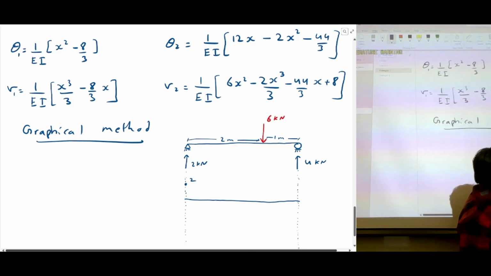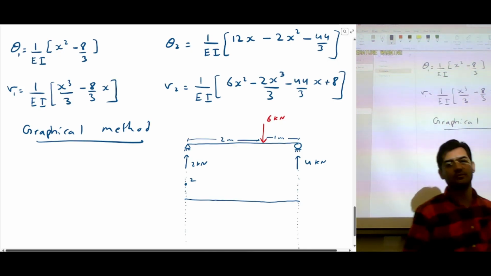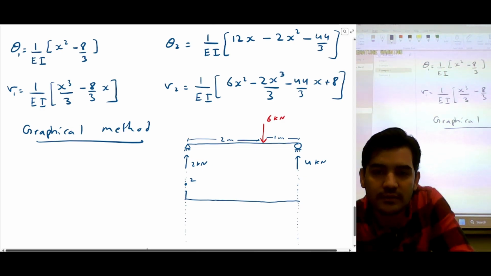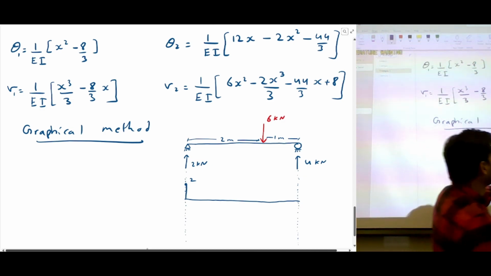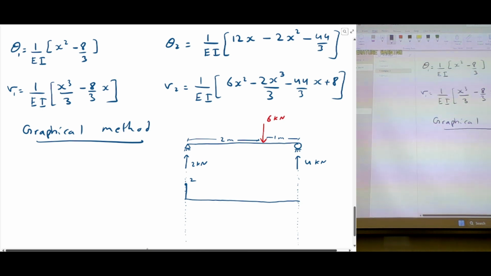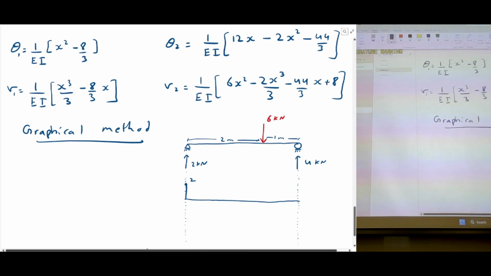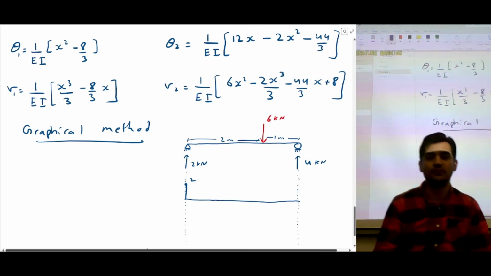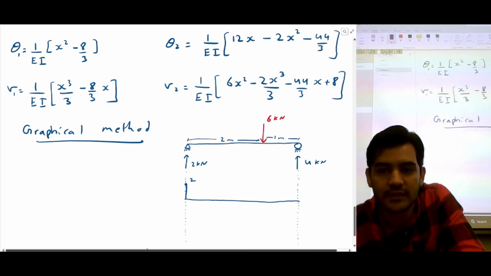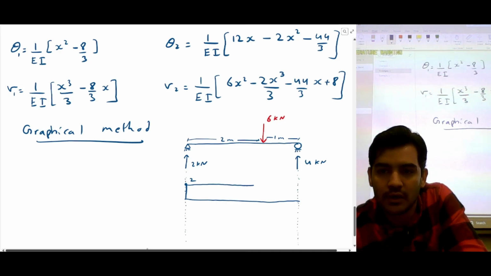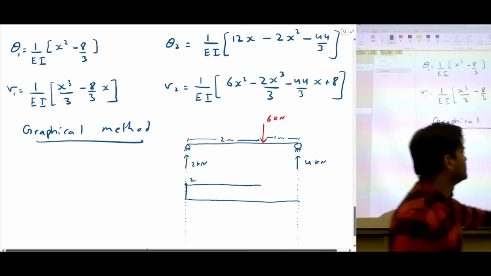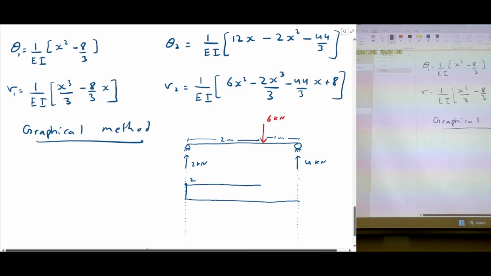So this reaction I have, this is 2, so I went to that same magnitude. From here to here, there is no external load being applied. So this shear force is going to remain the same too. There is no load till point here, so the value is going to remain the same.